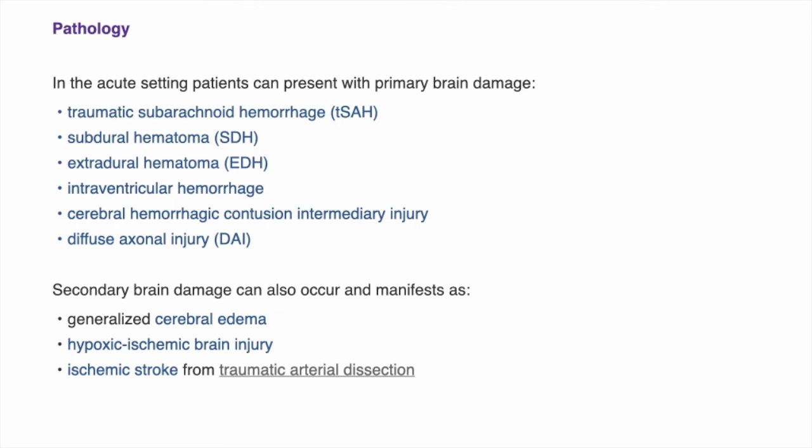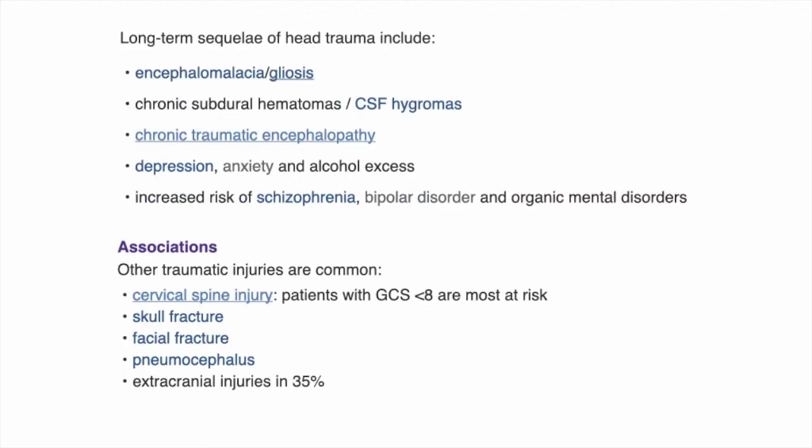Also, secondary brain damage can occur and manifest as generalized cerebral edema, hypoxic and ischemic brain injury, and ischemic stroke. Now, sometimes doctors and medical students forget about the associations of these brain injuries.